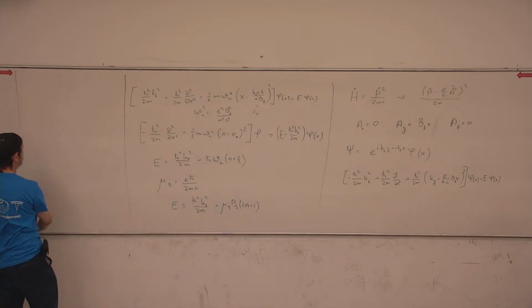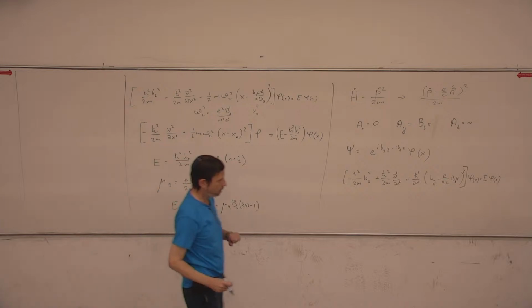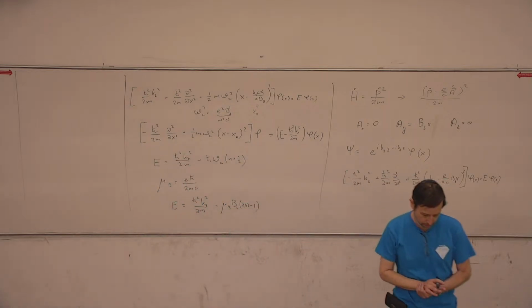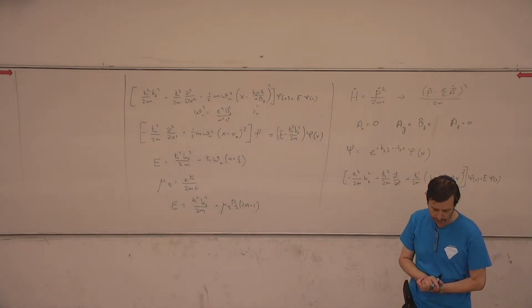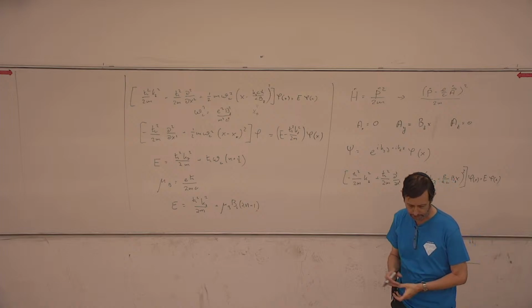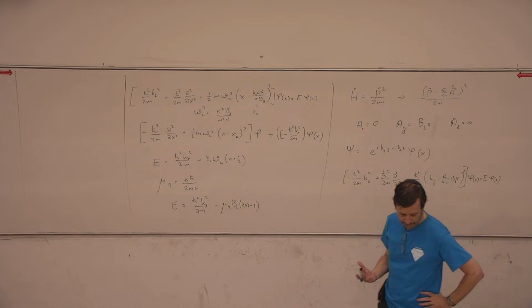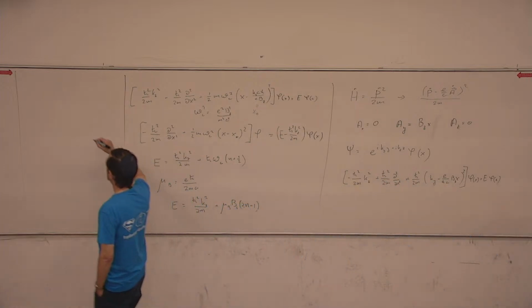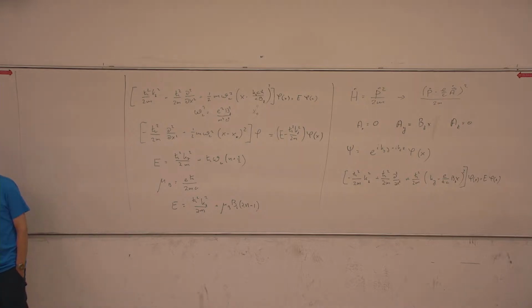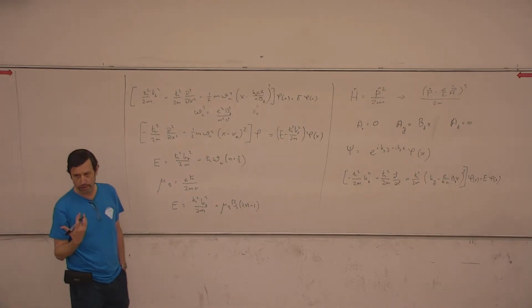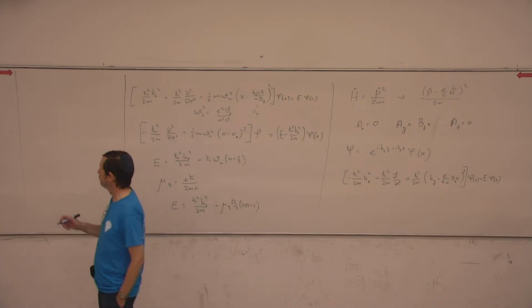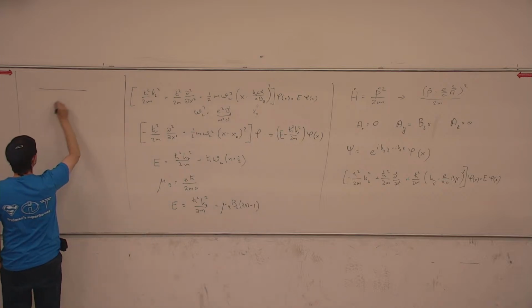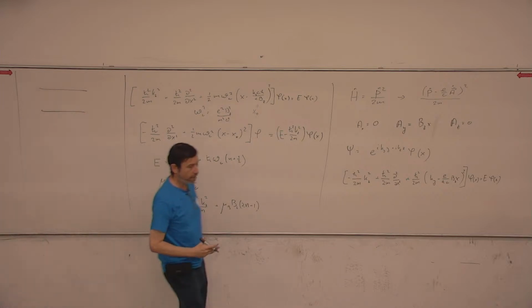Okay, so we got to a point where we understood why 2-dimensional is interesting. But let's try to estimate what is the degeneracy here. Okay, so I have my script.